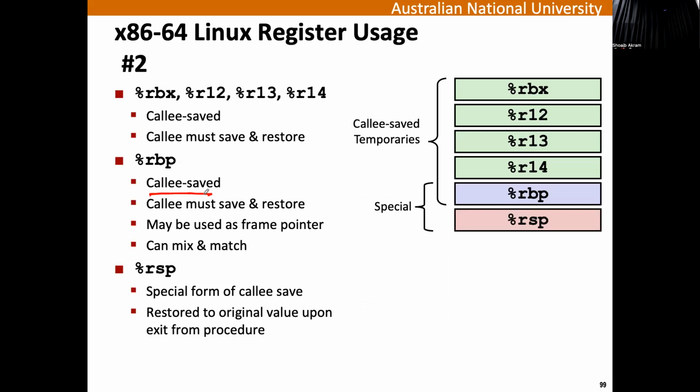If the callee wants to make use of the frame pointer or base pointer, it's their responsibility to make sure the base pointer of the caller is preserved, because the caller wants to see its base pointer when the callee returns.